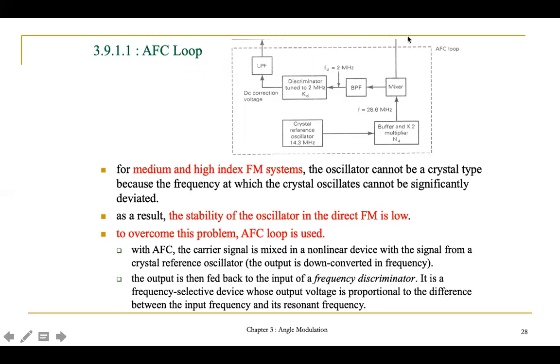So this is very important. If a question asks you the function of the AFC loop, you must be able to answer that the AFC loop is to overcome the problem of stability in direct FM transmitter. Only for direct FM transmitter. For indirect transmitter, you don't need to use the AFC loop.